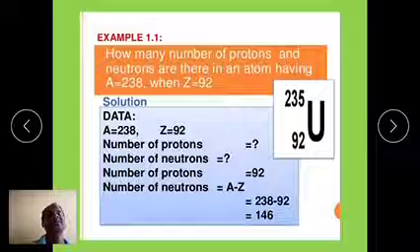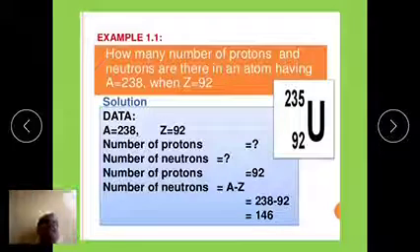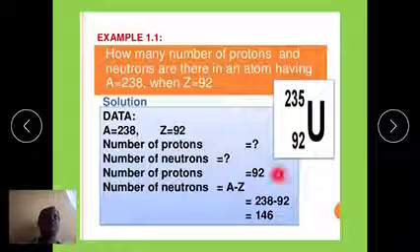The number of protons is 92, because the atomic number is equal to the number of protons.